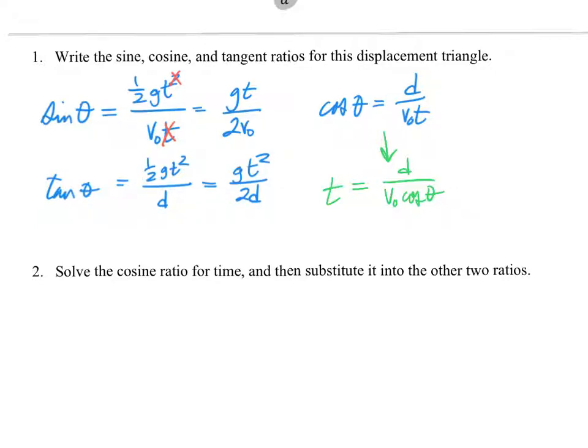So if I substitute that into the other two ratios, sine of theta would be g times, put d over v naught cosine theta in there.